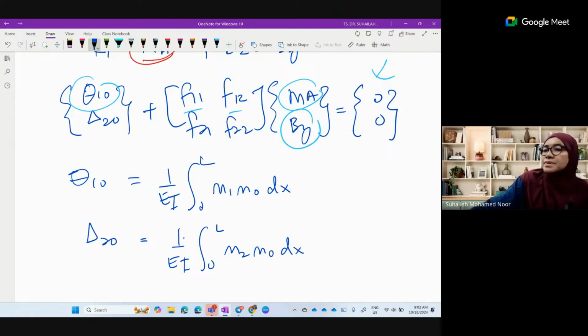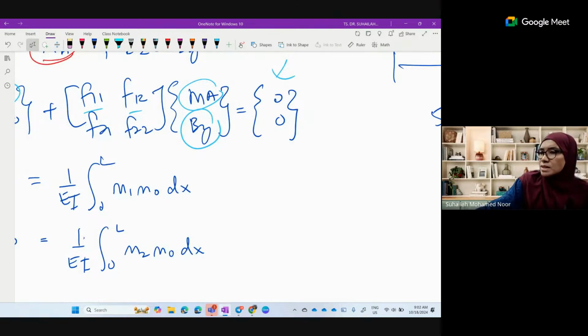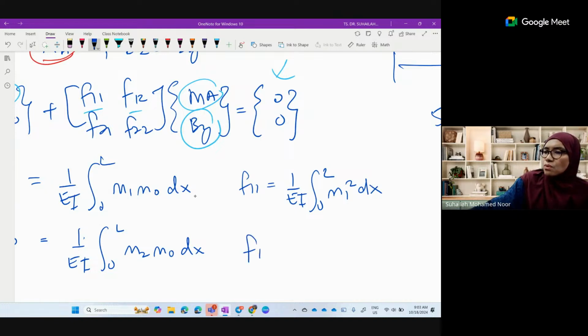Then we have F11 to F22, right? F11 is 1 over EI from 0 to L of M1 squared dx. F12 will be equal to F21, so we do it once only: this is 1 over EI from 0 to L of M1 M2 dx.